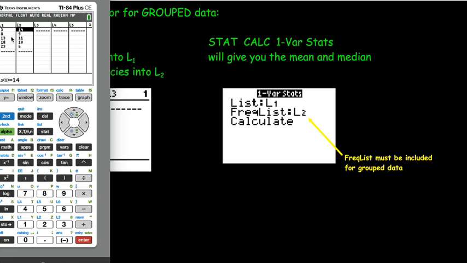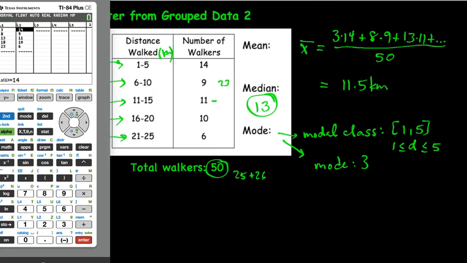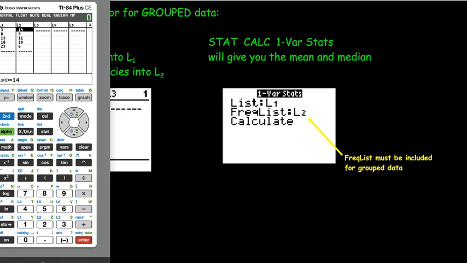So here's our modal class in L1. So we put the midpoint of each interval in L1. We put the frequencies in L2. And we compare this to the data we have here. So our class marks of 3, 8, 13, and so on. And here's our 14, 9, 11, 10, and 6 for our frequencies.